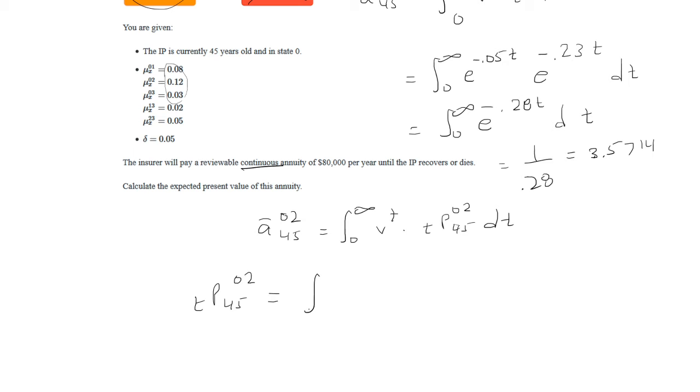The way we're doing this is we're going to stay in state 0 for some time. So that was 0.28 t. And then from state 0, we're going to transition to state 2, which is 0.12. And then we're going to stay at state 2.